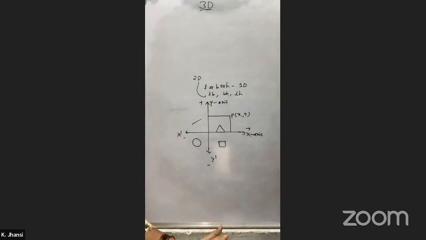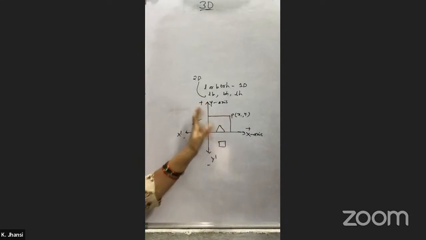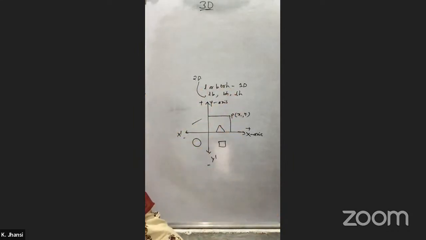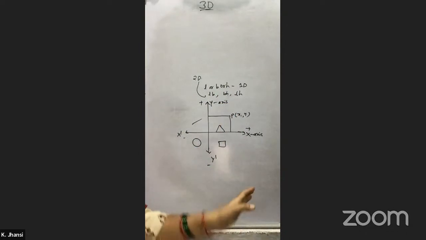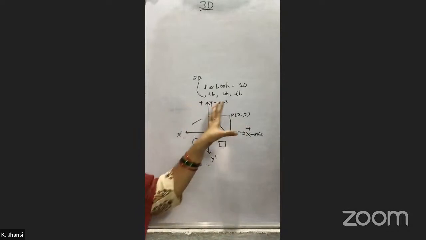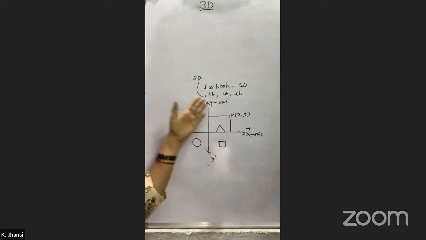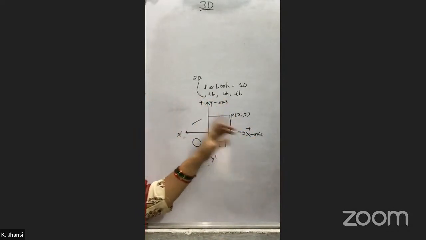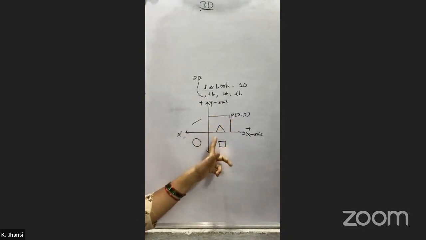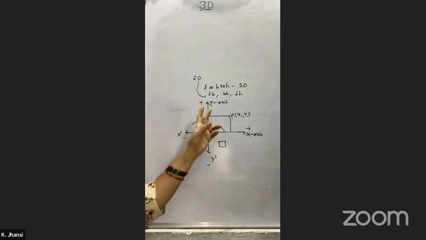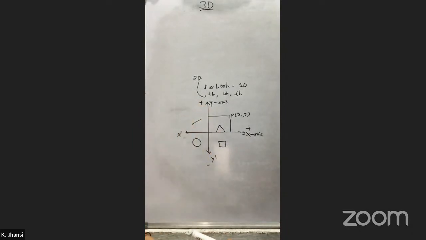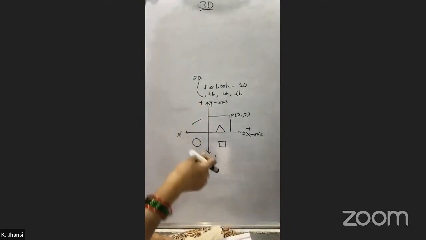That is, two coordinates will be there in 2D. And whatever figures we have seen in 2D, that is in the plane. Plane means any surface on which points can exist. So in that surface we have seen figures having only the two axes, x and y, and having two dimensions. Okay, so that is about 2D.